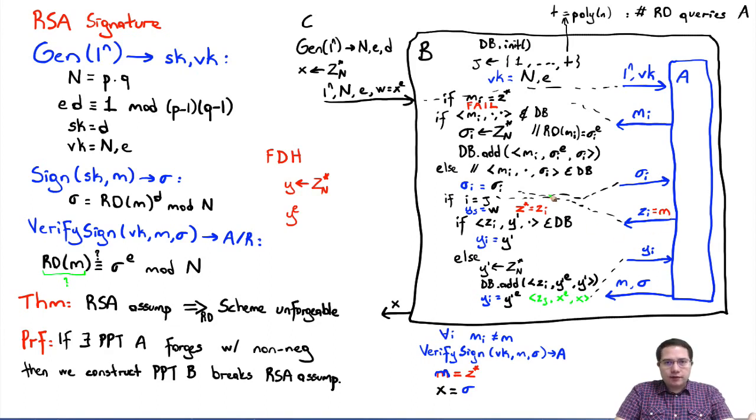This is where our guess of J comes into play. We are guessing that the adversary will forge a signature on the message that he queried as the J-th query. So we are guessing indeed Zj is equal to this M.